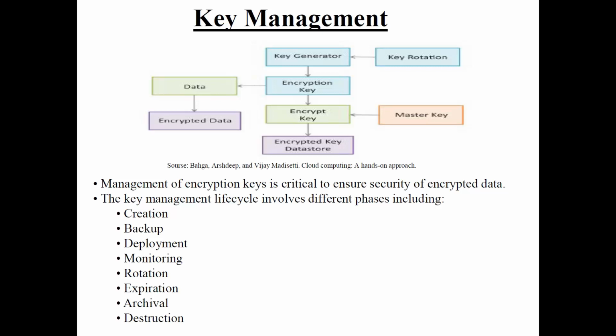Next is archival, a phase before the key is finally destroyed. It is to archive the old keys for some period of time, to take care of scenarios where there is still some data left in the systems which is encrypted with the old key. Finally, the last phase is destruction of the key, where the expired key will be destroyed after ensuring that there is no data which is encrypted with the expired key.